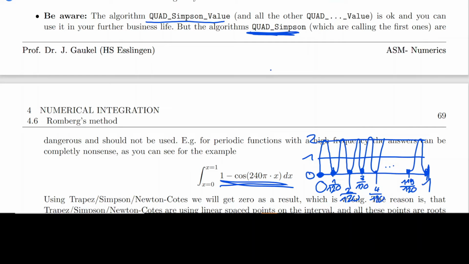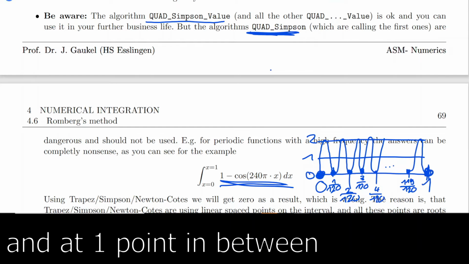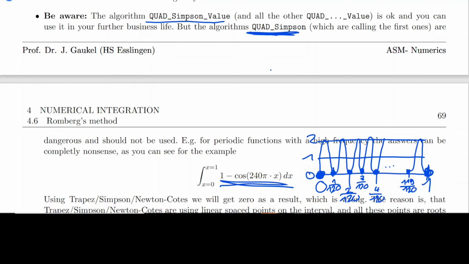So what will happen if we do Simpson value? Then we will evaluate the function at the starting point, at the end point, and at 2 points in between, and these 2 points will also be points of this kind. And so we will get integral value 0. Our I1 is 0.